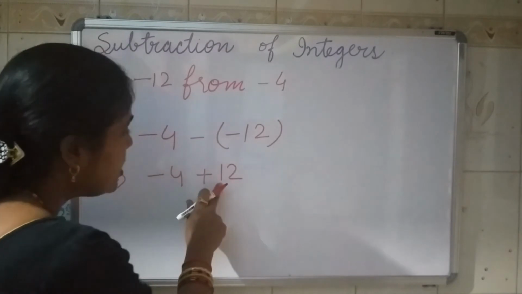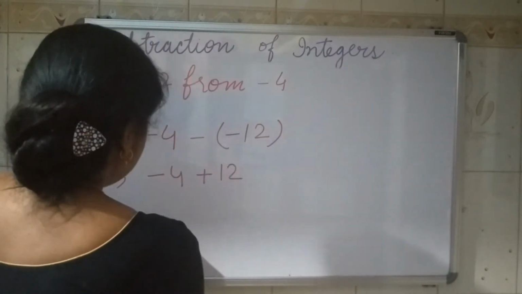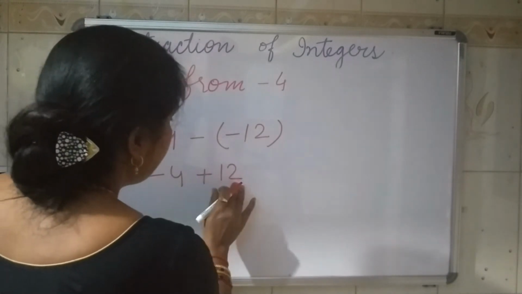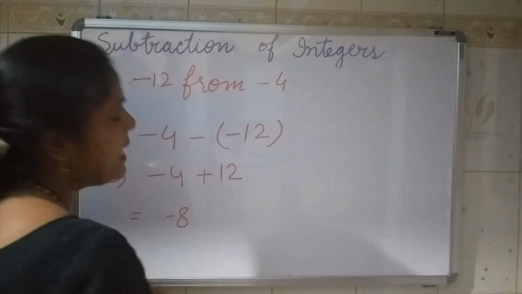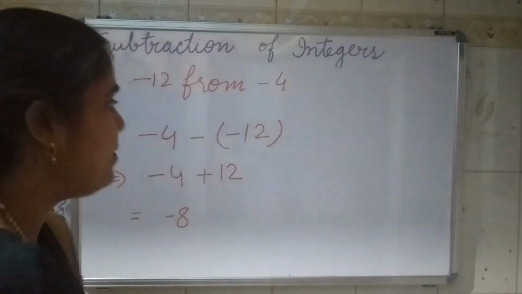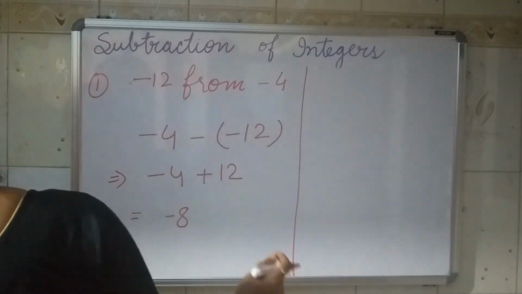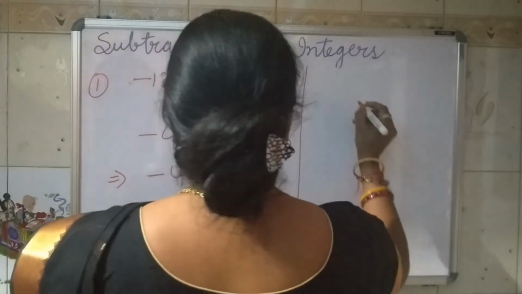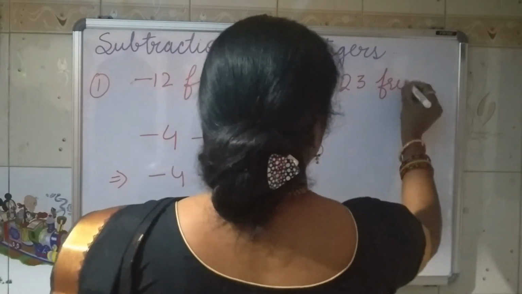Now one is a positive number, one is a negative number, so we have to do the subtraction. So 12 minus 4 is 8, and 8 will be with the negative sign. Clear everyone? Now if I am taking another example, for example I am taking minus 23 from 5.